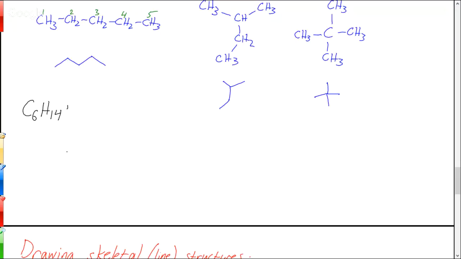Back to our numbering here. So we could go 1, 2, 3, 4, 5. And then if we made this 6, that would kind of be separate coming off of that main chain of 5 carbon.